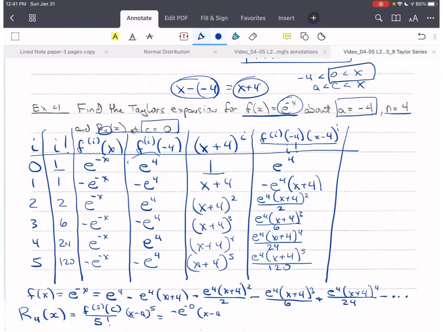X minus a, x minus negative 4, (x plus 4) to the fifth over 5 factorial, which is 120, which is equal to negative (x plus 4) to the fifth over 120, x greater than 0. Let me make this a little neater here. Equals negative... So this is R4, R sub 4.